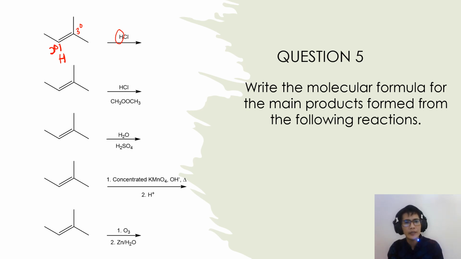Therefore, the H will be added to the secondary carbon. Okay, so this H will be added over here, and the Cl will be added here. So you will get Cl over here.